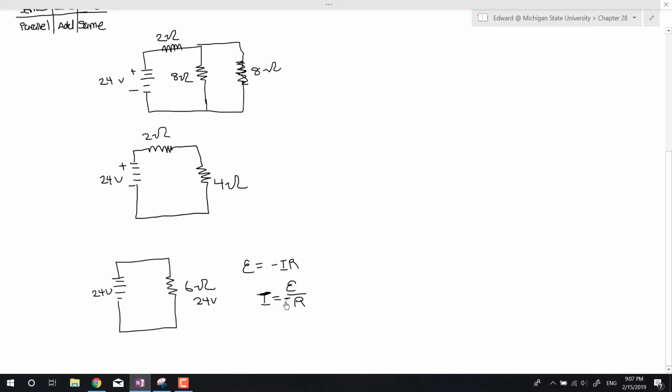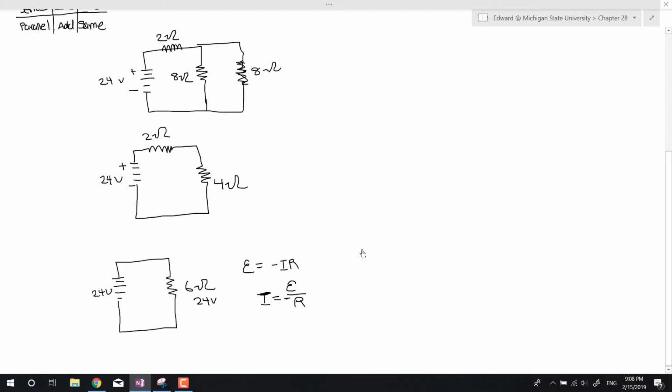If you get a negative current, that means your assumed direction is backwards, so it's either going clockwise or counterclockwise in the loop. In this case it doesn't really matter because it doesn't ask us which direction the current's going in, but it's good to know so we can keep our currents straight.